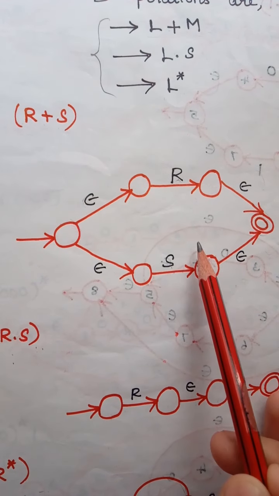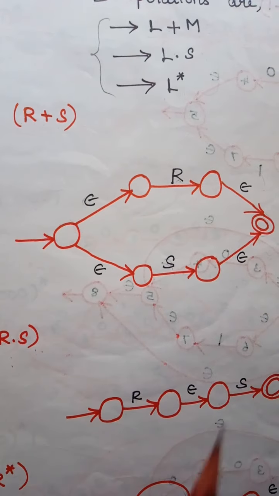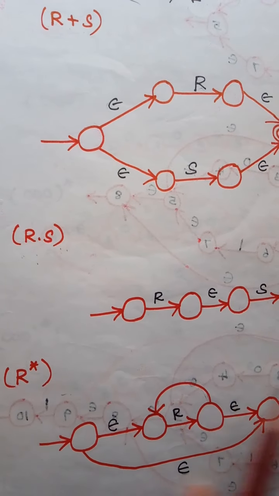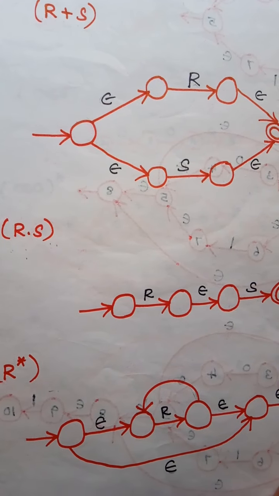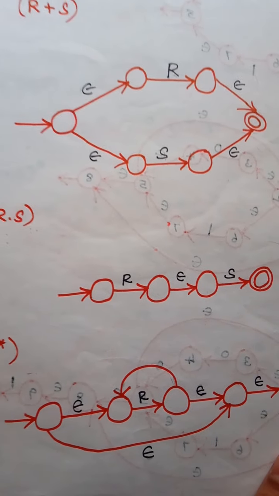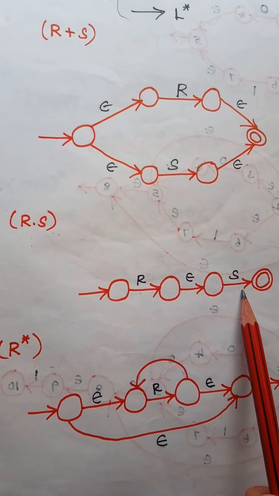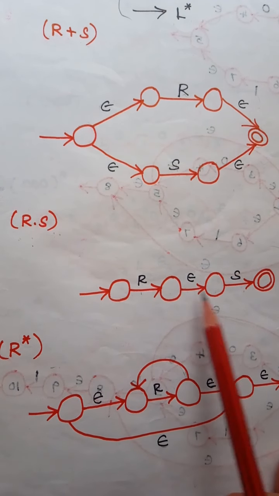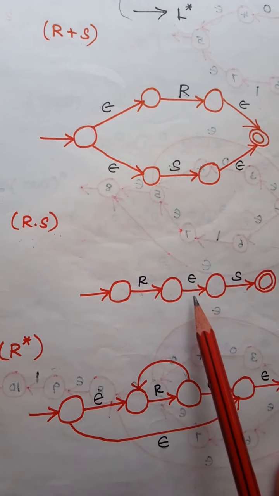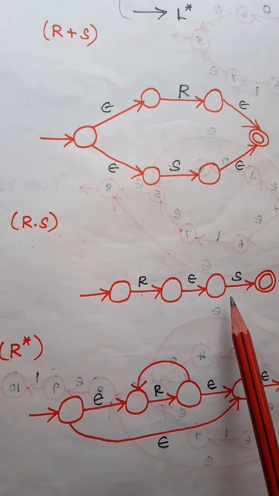The next one is the concatenation operation. Whenever concatenation is given, we have to construct the NFA like this, that is R and S, with epsilon move, for R concatenation S.